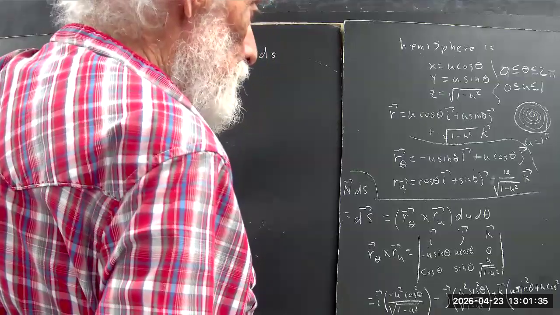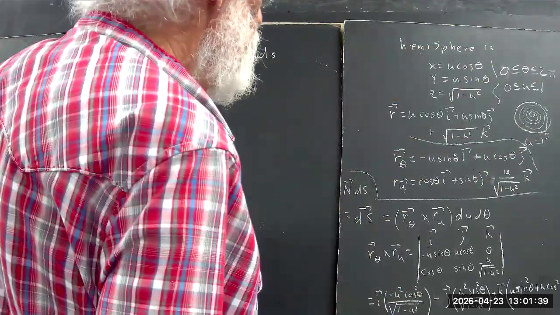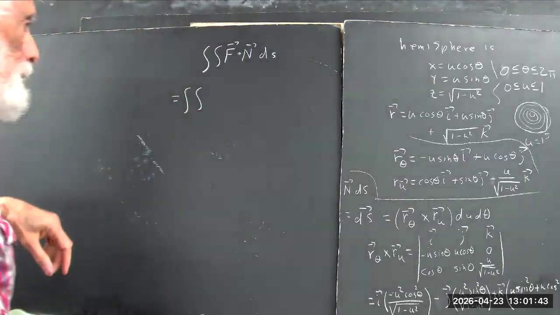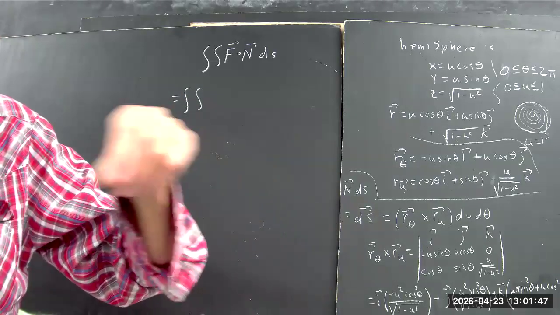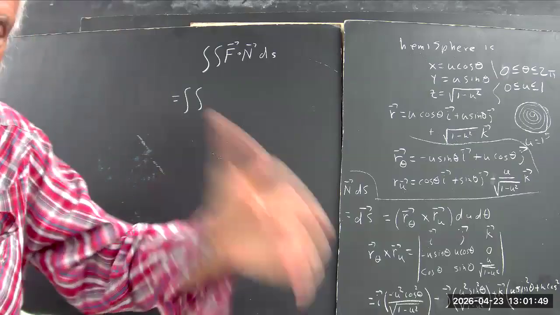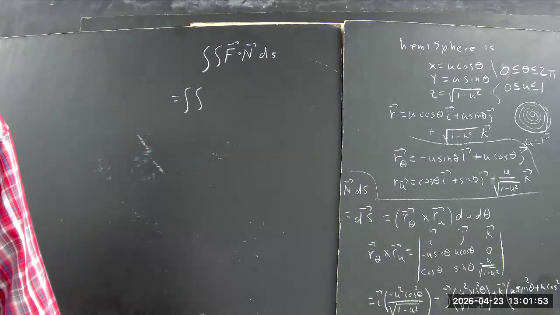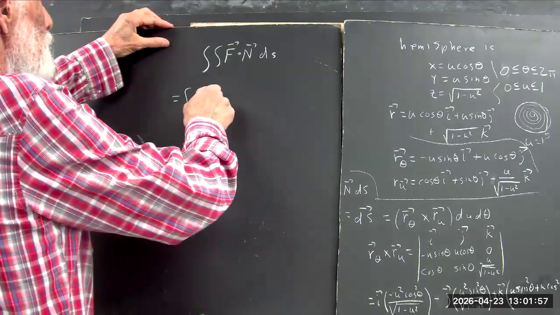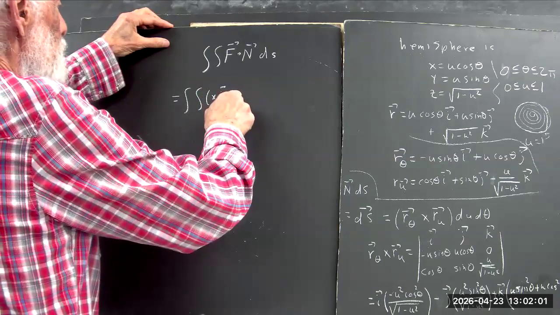The double integral of F dot n dS. Well, F is xi plus yj plus zk. X is cosine theta, y is sine theta, z is square root of 1 minus u squared, right? So, well, I'll write this out the way you might tend to write it out.